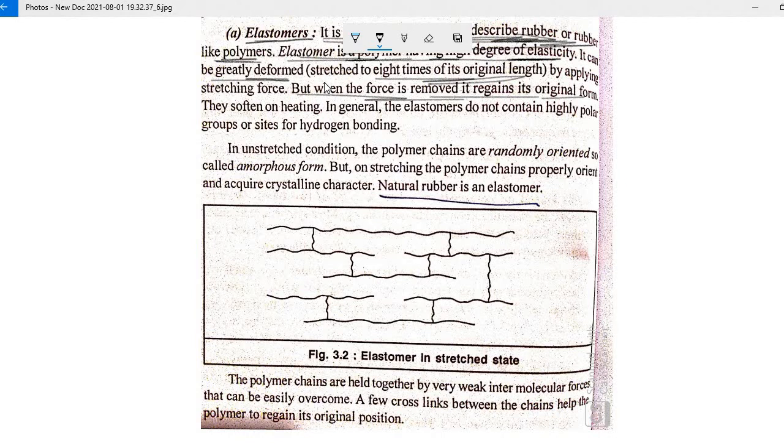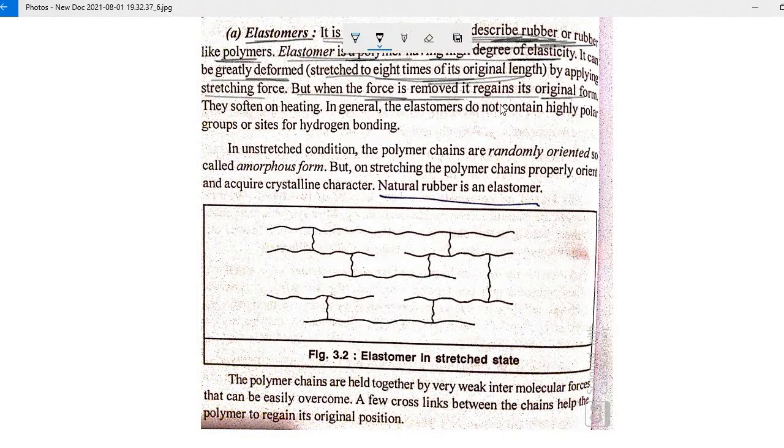म्हणजे असे जे पॉलिमर आहेत ते त्यांचं स्ट्रेचिंग होतं आणि आपण जेव्हा स्ट्रेचिंग फोर्स जेव्हा आपण रिमूव्ह करतो तेव्हा ते त्याच्या ओरिजिनल शेपमध्ये येतात. त्याला आपण इलास्टोमर्स असं म्हणतात. Okay, stretched to 8 times its original length by applying the stretching force, but when the force is removed, it regains its original form.